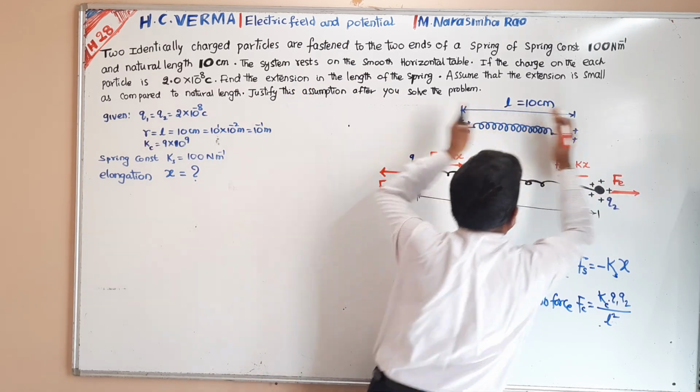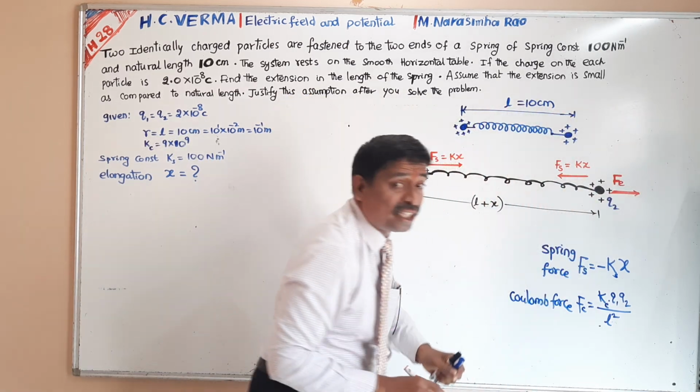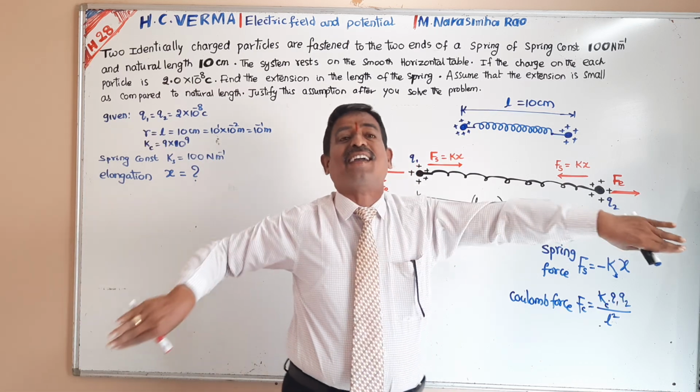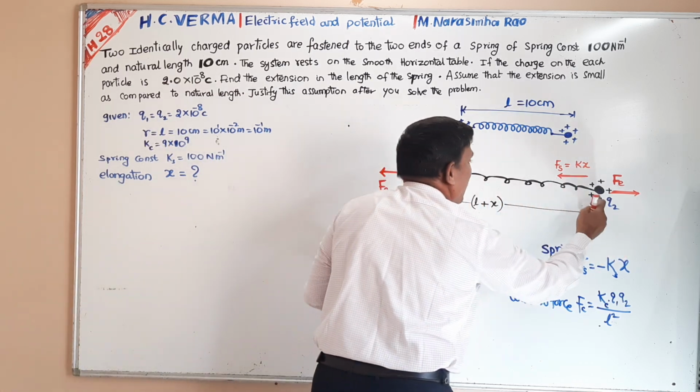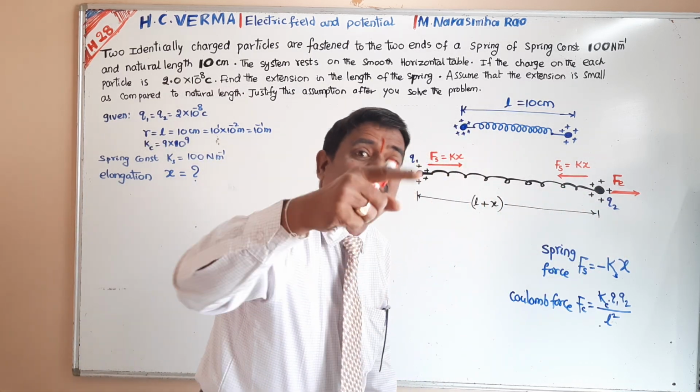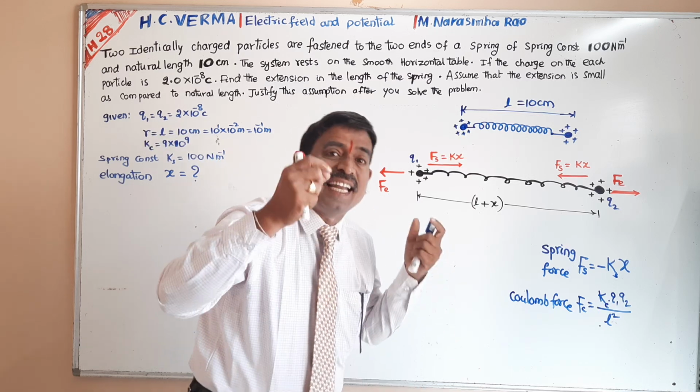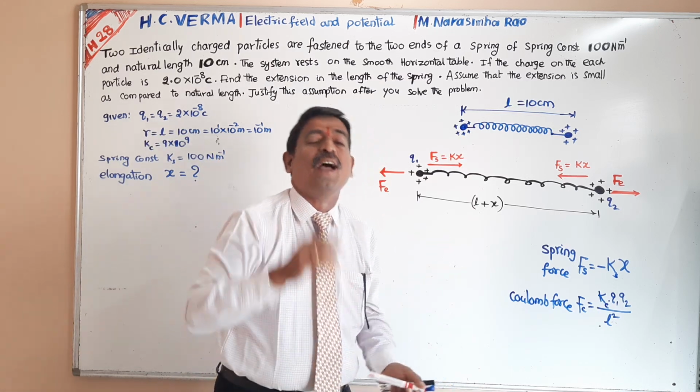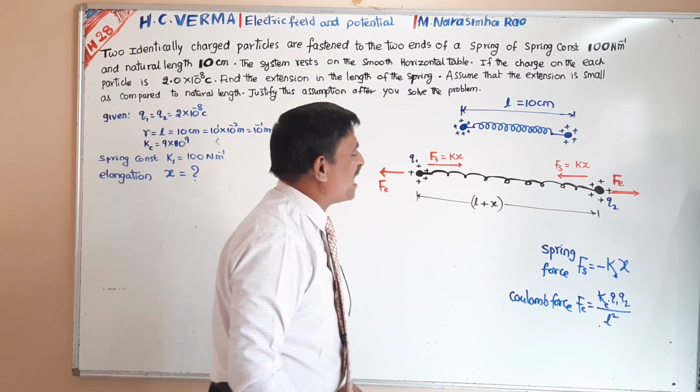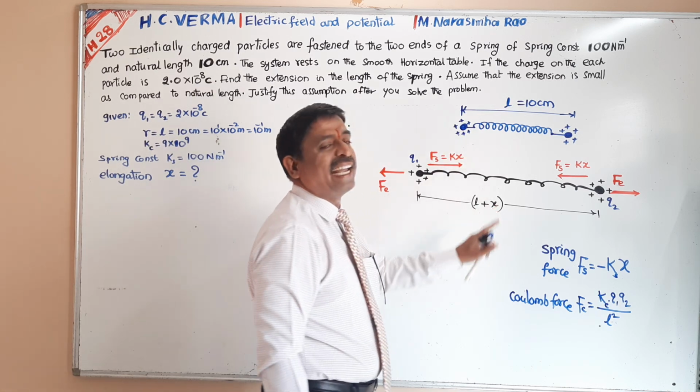Due to the electrostatic force of repulsion, there is an elongation in the spring. The length of the spring is increased. The increase in the length of the spring we are calling elongation, which I am writing as x.